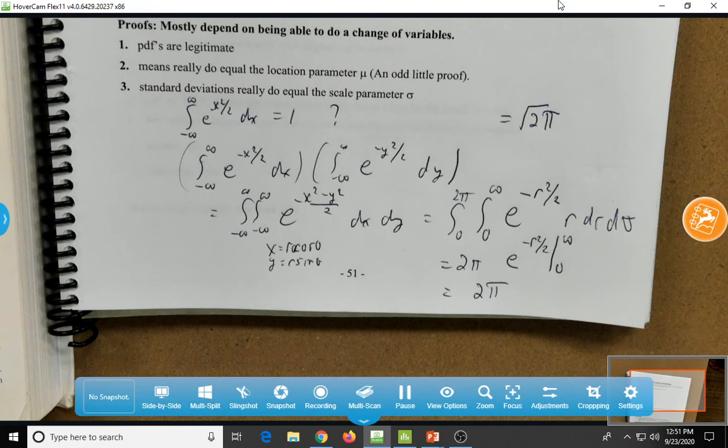Math majors, tomorrow night at 9:15 for a sanctioned event.